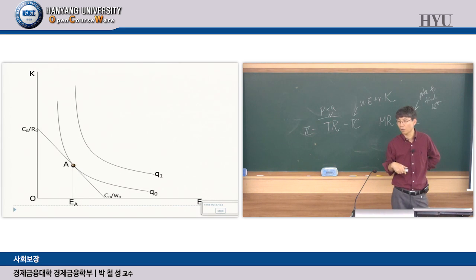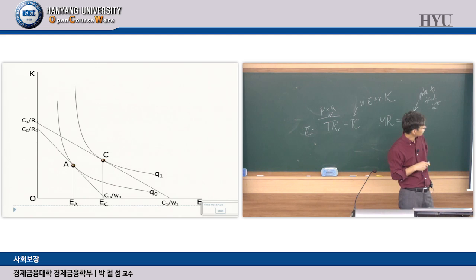And let's say wage becomes lower, so they want to produce more, to Q1. And it's going to look like point C, right? So this is what you have done and the result. And you can show the scale effect and substitution effect.